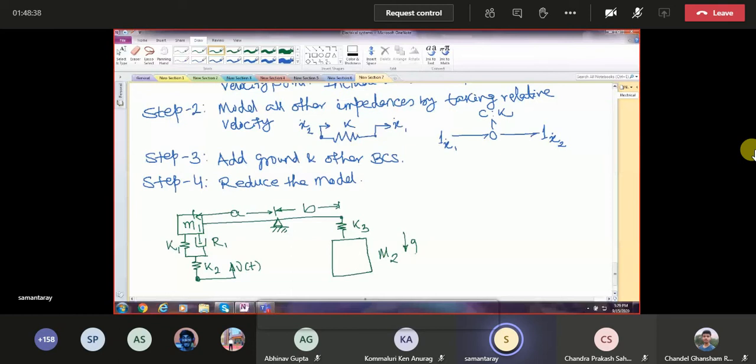Inside this, let's say we have a person standing, and the person is simply modeled by a spring, K4, and mass M3. So why this happens? Don't ask me. Some arbitrary configuration. So if we have something like this, we will add first the distinct velocity points. So where are the distinct velocity points in this?